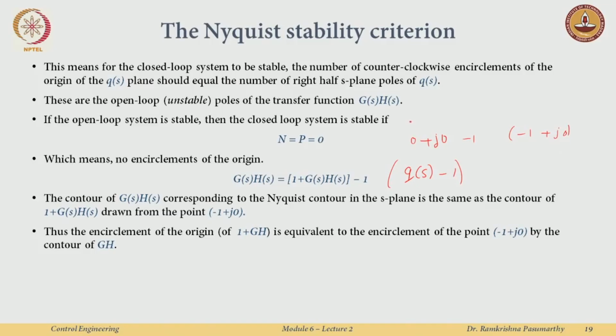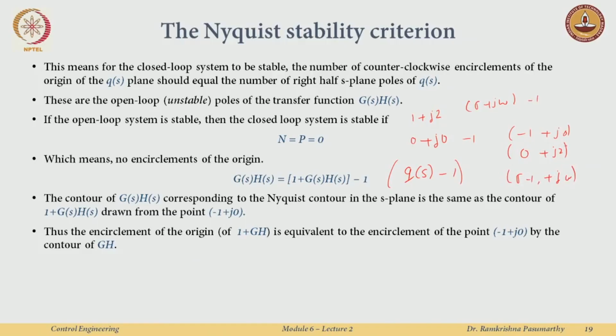Okay. Similarly, say I have 1 plus J2. Okay. So I am just doing a minus 1. So what happens is I will just have 1 minus 1, 0 plus J2. Similarly, if I just have any complex number, sigma plus J omega, I do a minus 1, I will just get sigma minus 1 plus J omega, right.